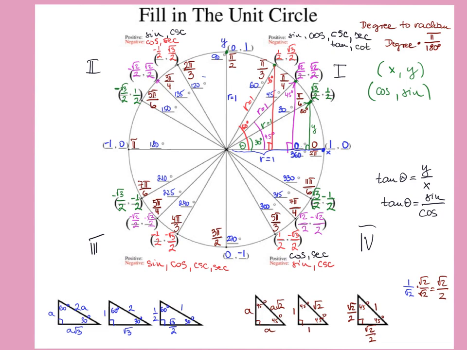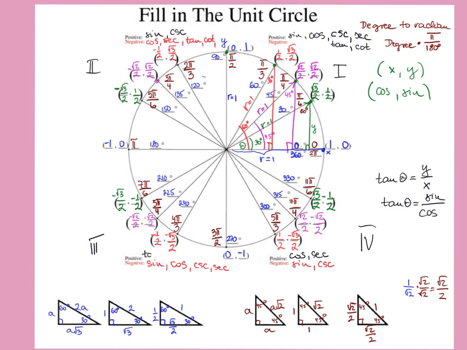Now if you look at quadrant number 2, sine is positive, however cosine is negative, so that means their ratio is going to be negative. So I will have to say tangent and cotangent are both negative. In quadrant 3, sine and cosine are both negative, so a negative divided by a negative, or the ratio, is going to be positive.